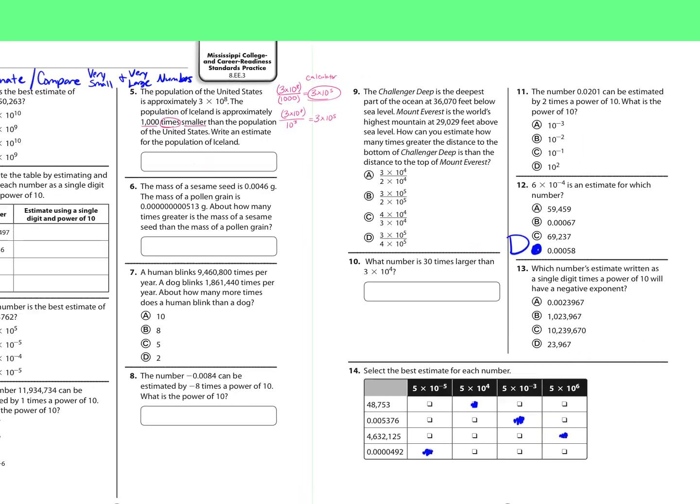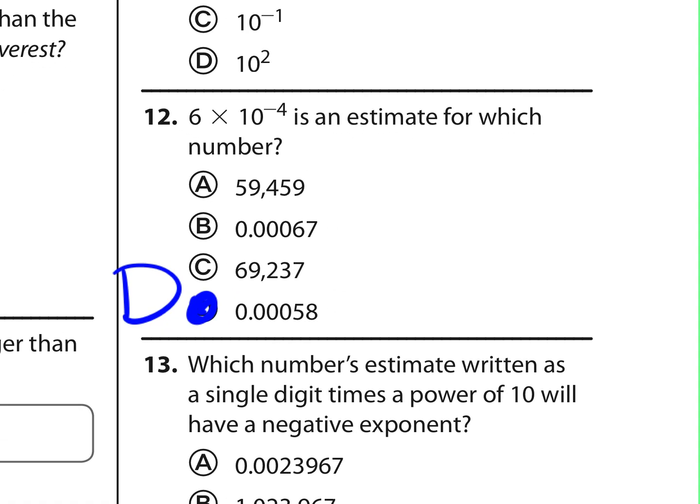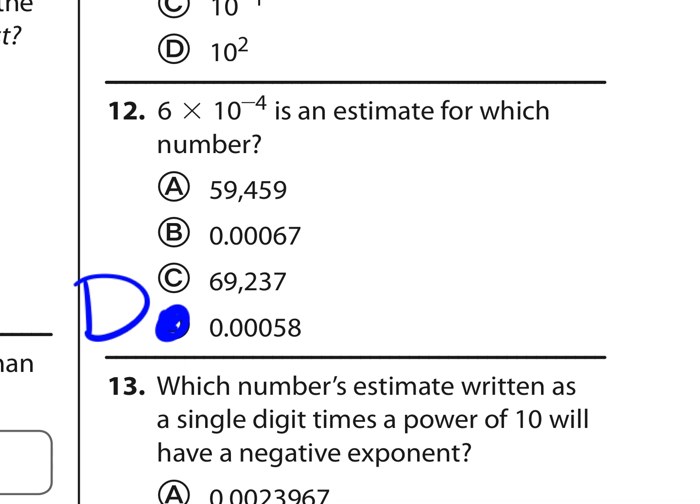Number 12, this is an estimate for which number. The first thing I might do is just see what this is in a standard form. So number 12 in standard form is 0.0006 because we moved the decimal 4 places, and this was a small number because it's negative.